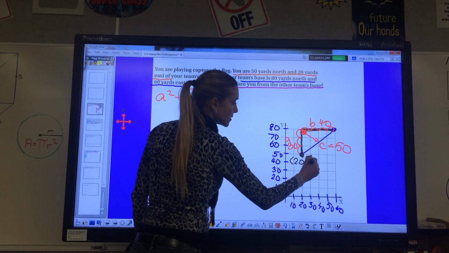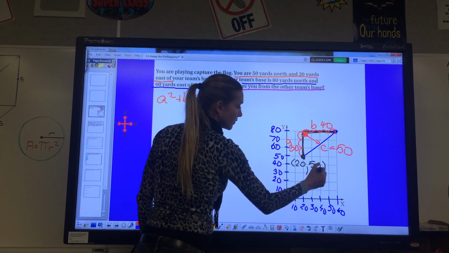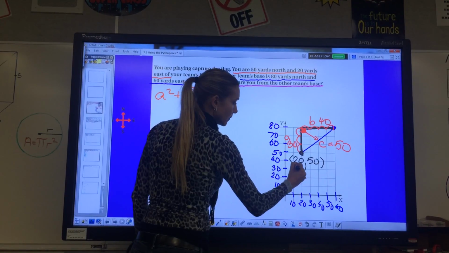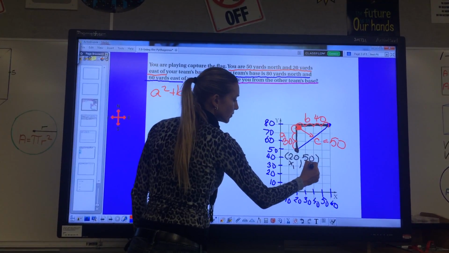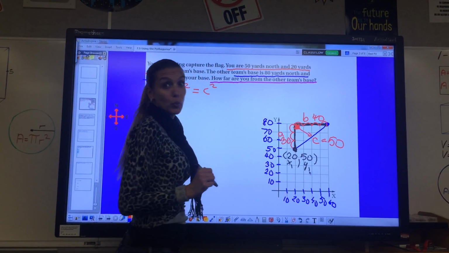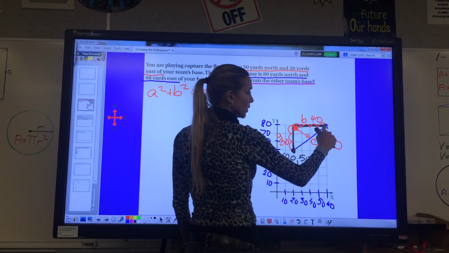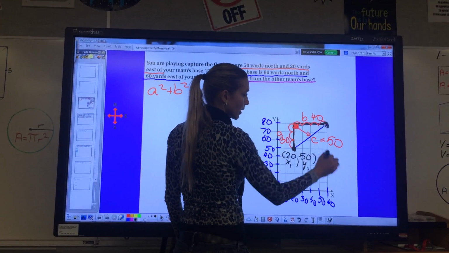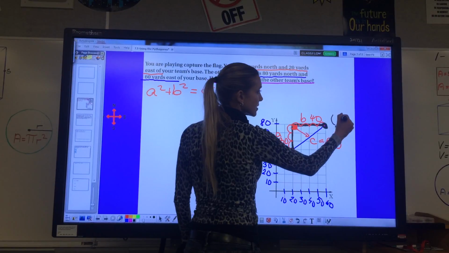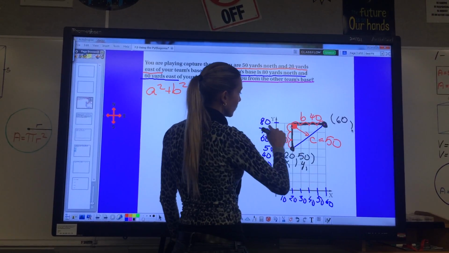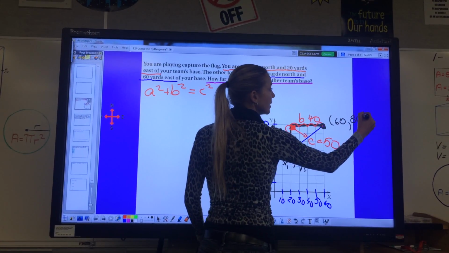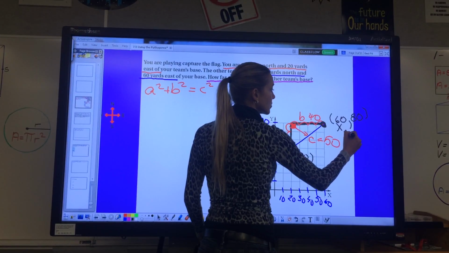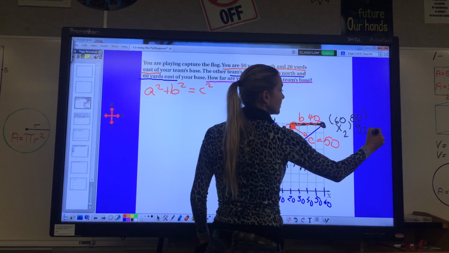On the y-axis, it's 50. Right? This is my first x and first y. Please make sure you name your points x1, y1. This point is the other team. On x, it's 60. And on y, it's 80. This is my second point, x2 and y2.